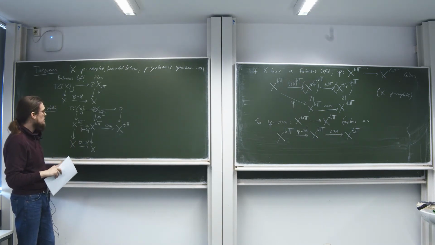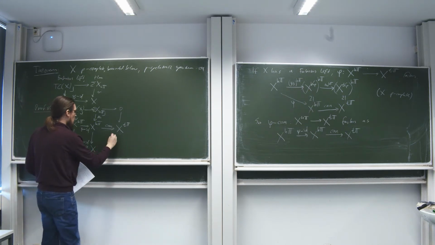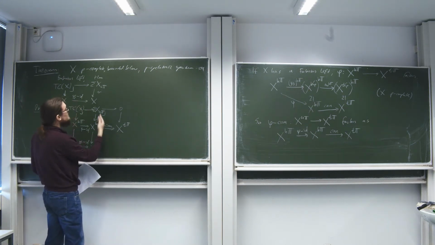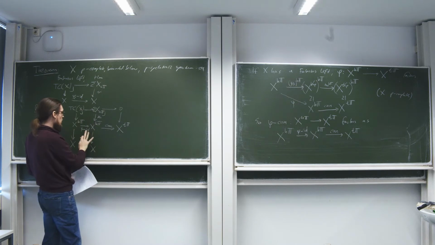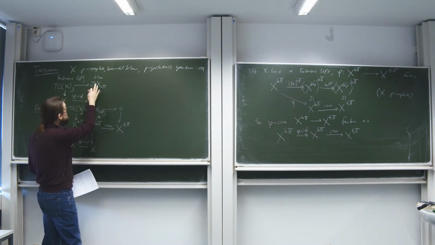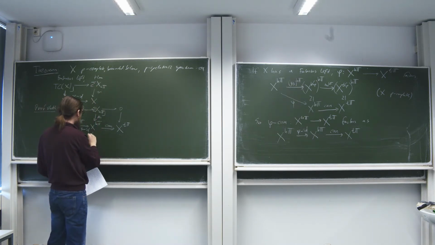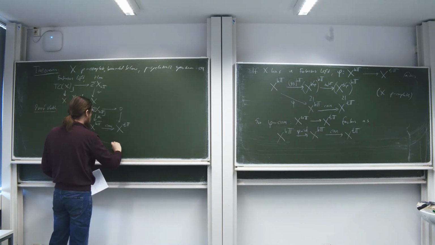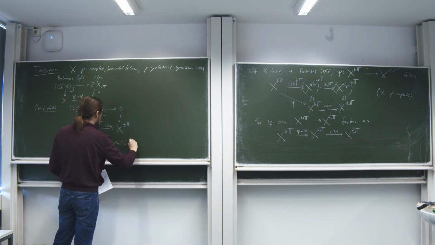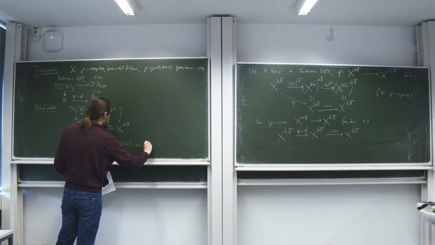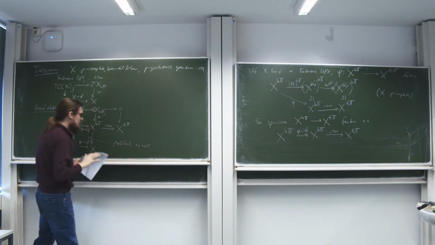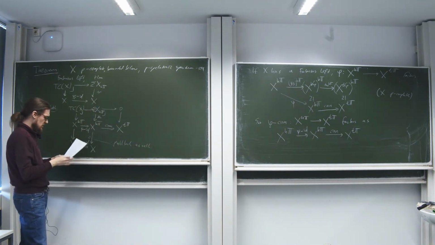And the claim is that since x is p-complete, so it's not a general statement, but under this assumption that x is p-complete, this diagram here is a pullback as well.